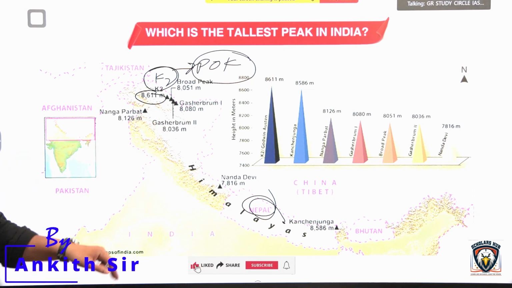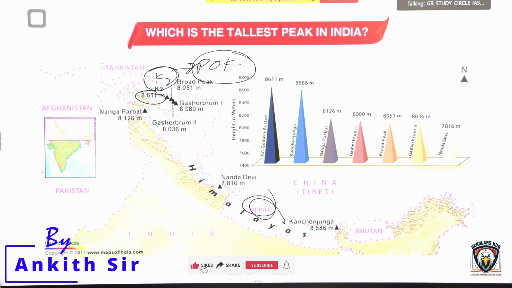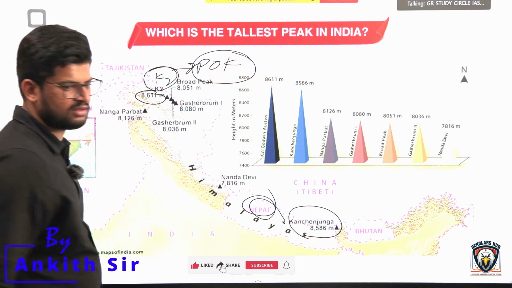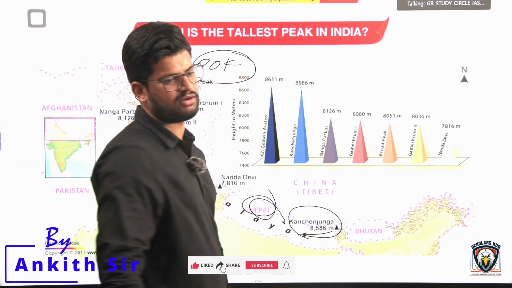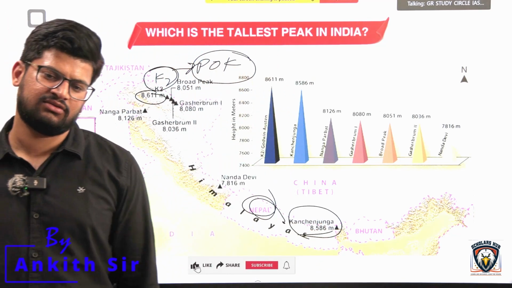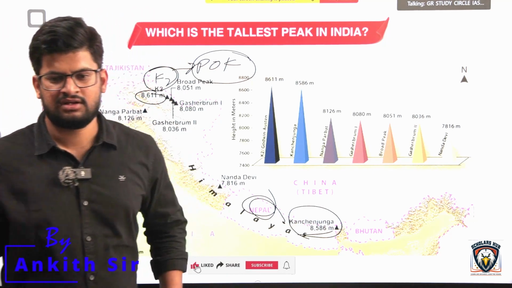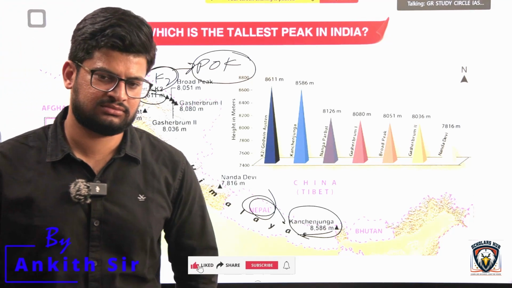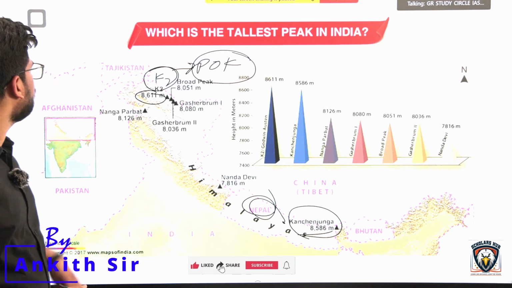If in the examination there is no option of K2, you have to choose the next highest peak, that is Kanchenjunga. It is in Sikkim, and here we have Kanchenjunga National Park also. 8586 m is the highest peak in India. Now, what is the lowest point in India?